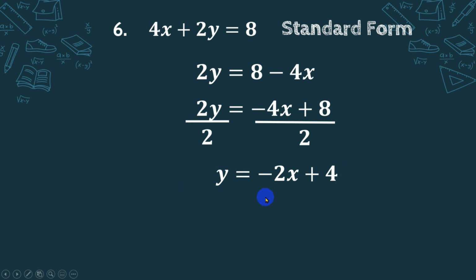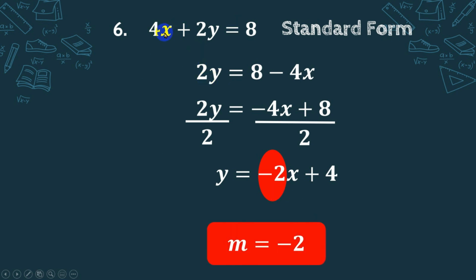Now, malinaw na kung alin ang magiging slope natin. Ano po? From the standard form to slope-intercept form, makikita na natin ngayon yung numerical coefficient ng ating x in the slope-intercept form. At yun po ay yung negative 2. That is why the slope of this equation, even though it is written in the standard form, nakuha pa rin natin and that is negative 2.